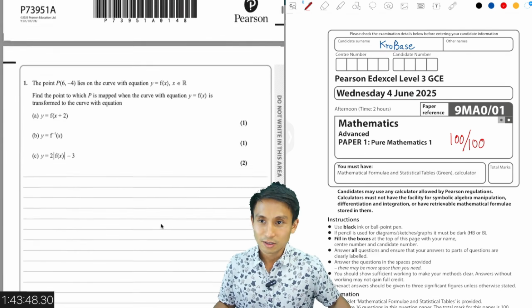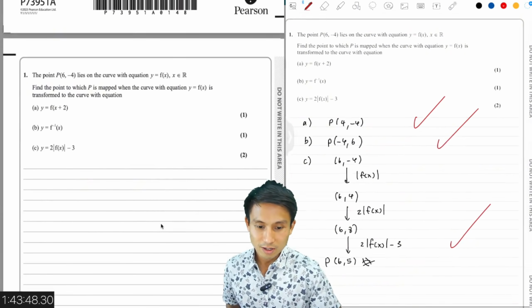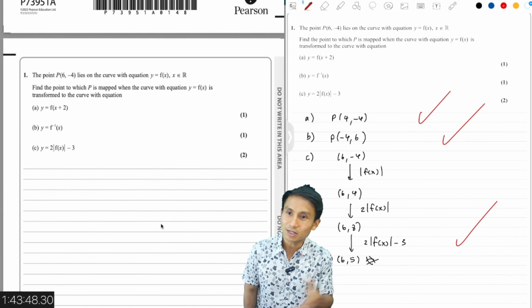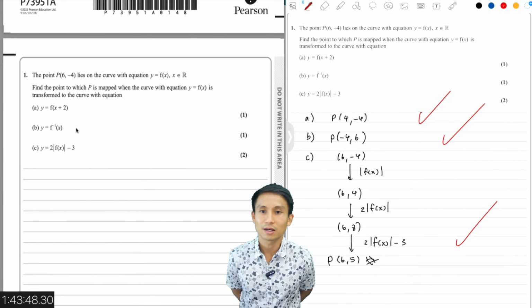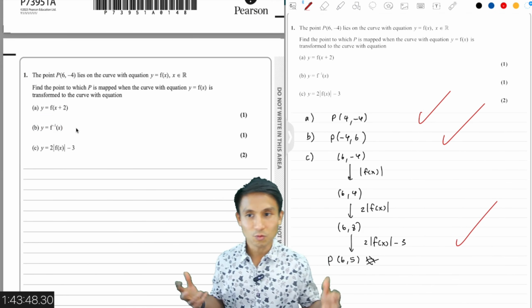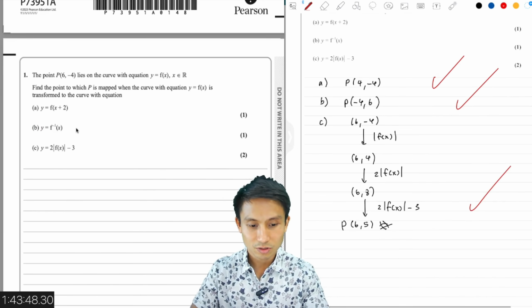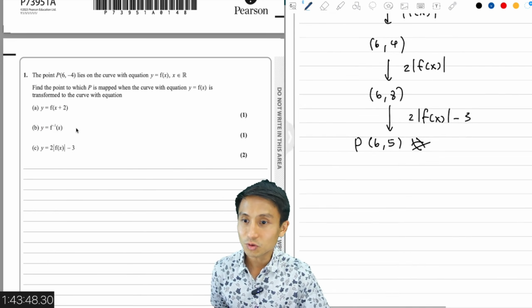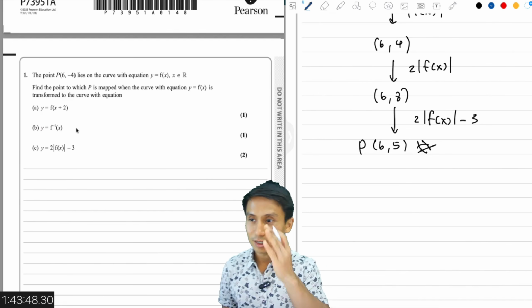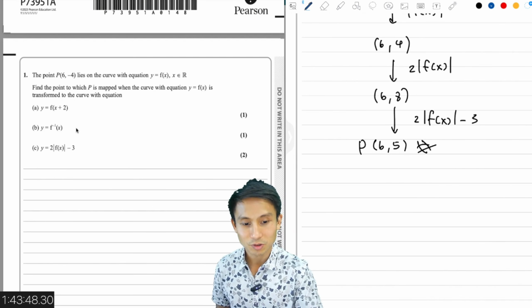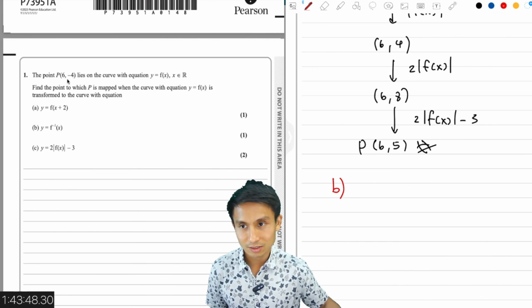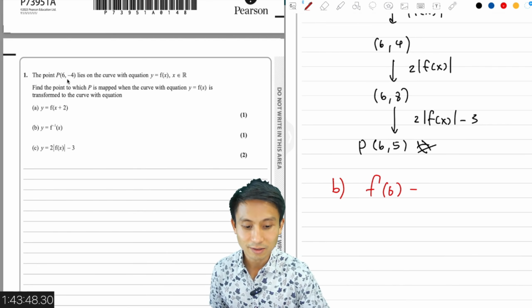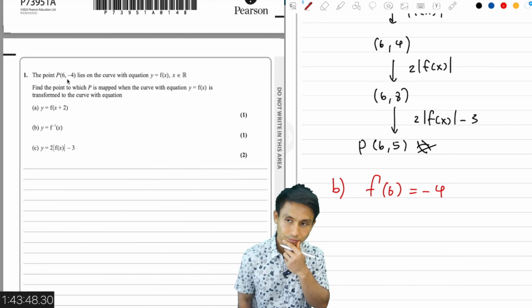So number one, the tricky part here I think is part B. There is another way to think about this. If you look at f(x), for part B, if you put f(6), you've got to understand that it gives you -4.